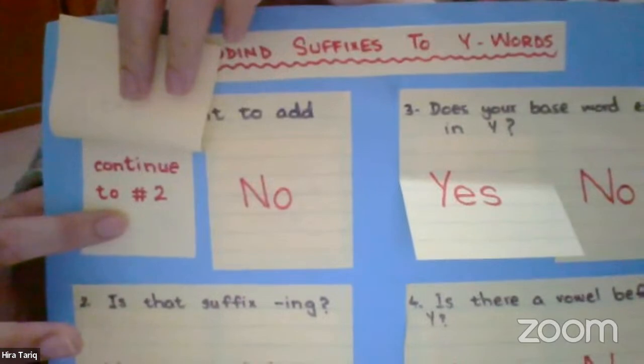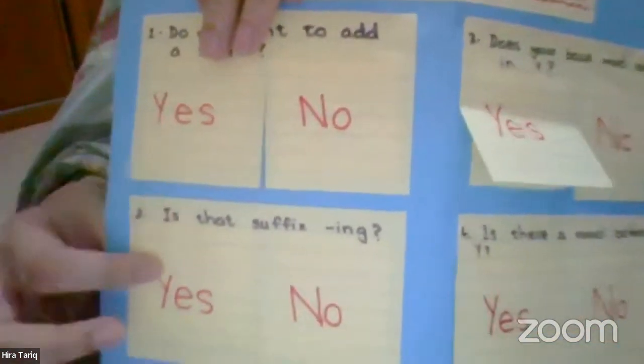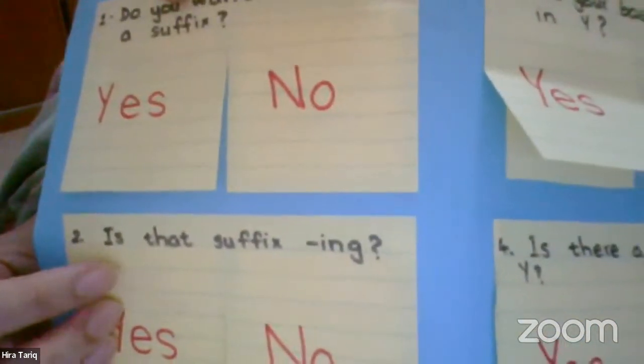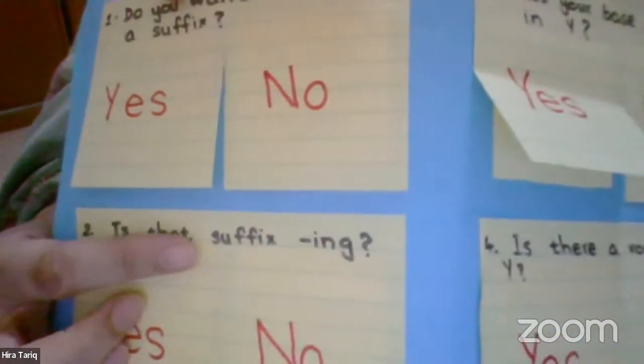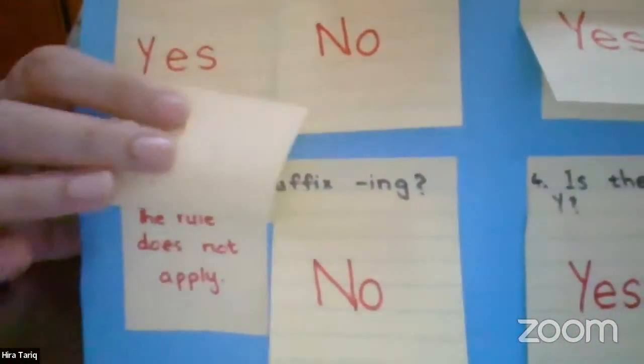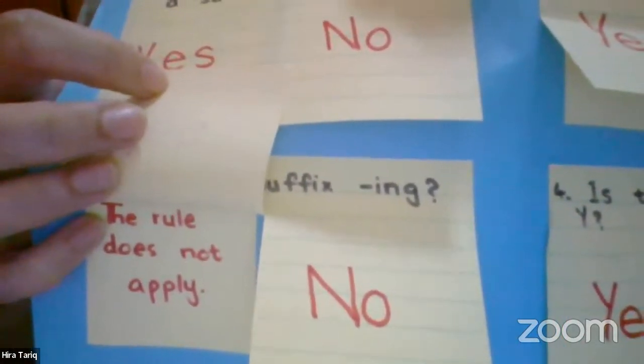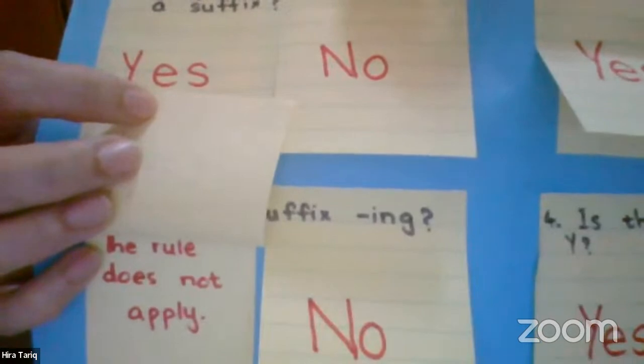Continue to 2. Okay, so this is number 2. If you want to add a suffix, yes, continue to 2. At number 2, what is written? Is that suffix ing? If you say yes, if you open yes, the rule does not apply. You cannot change Y to I, simply add ing. Okay?